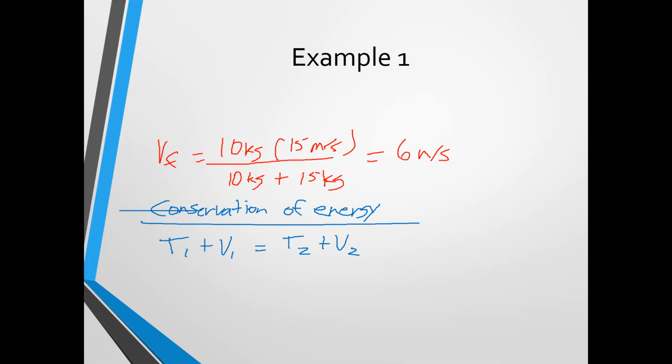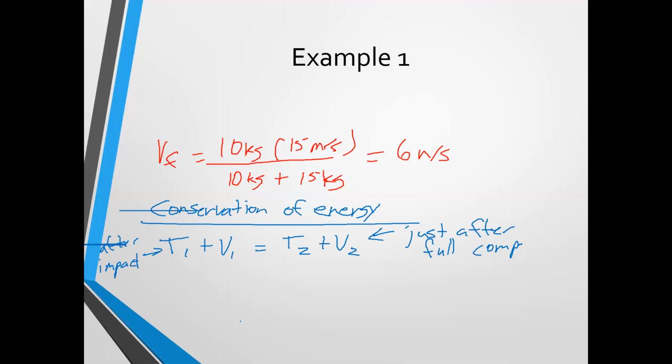T1 and T2 are our kinetic energies. V1 and V2 are our potential. Thinking about these two cases, this is going to be just after impact. And this is going to be just after full compression of the spring.